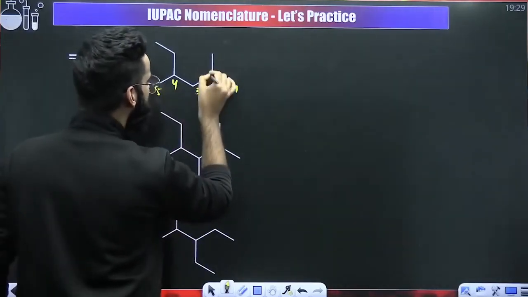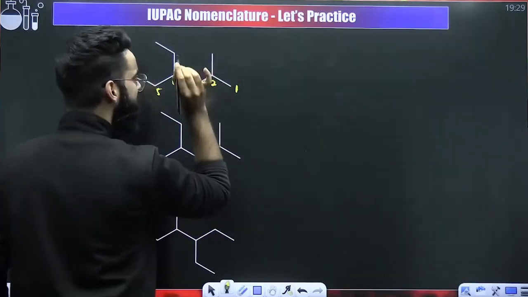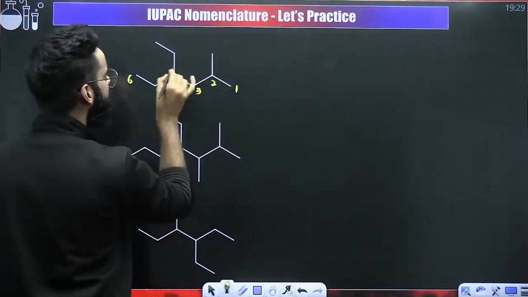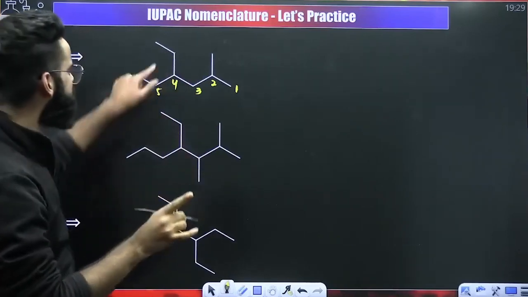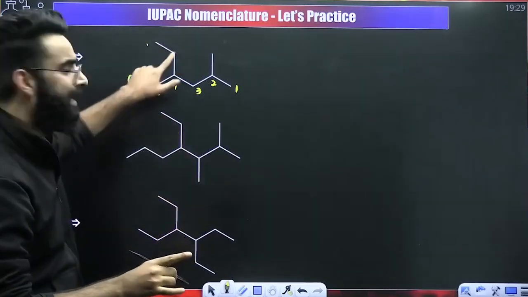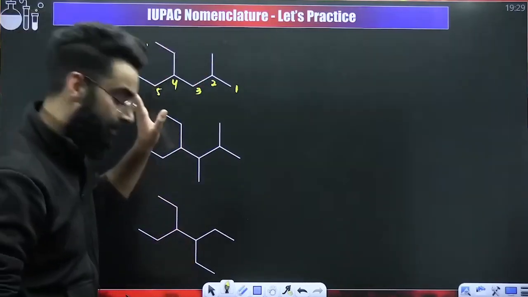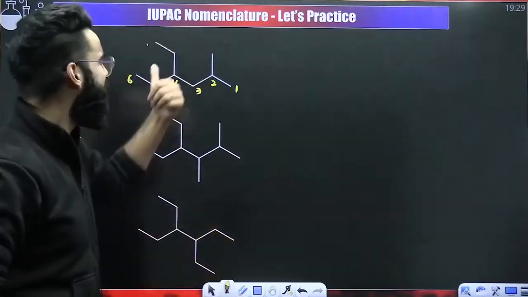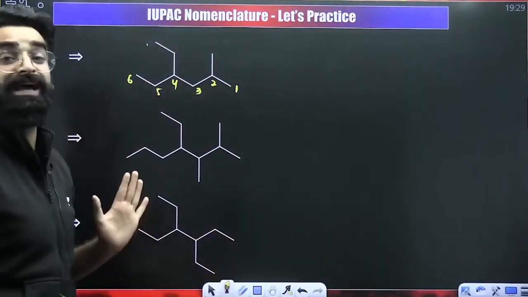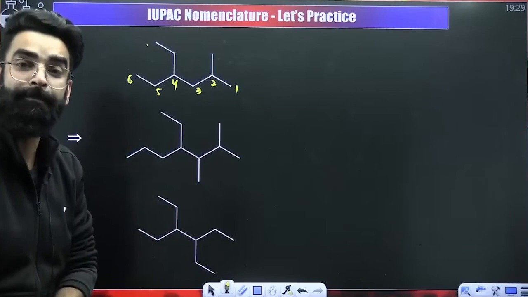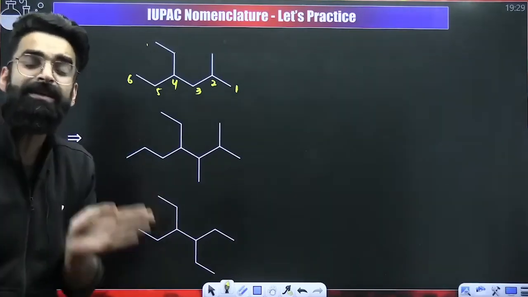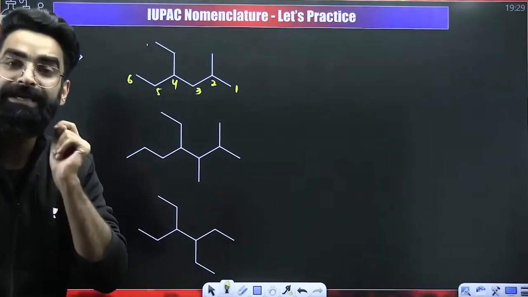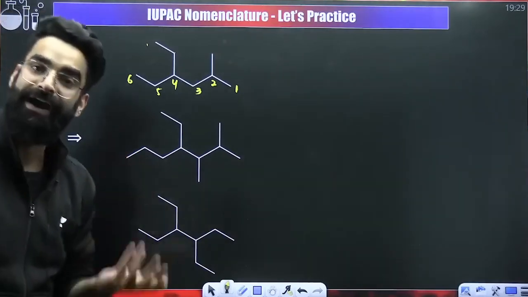At carbon number 2, you have a methyl group. At carbon number 4, this is CH2CH3, which means C2H5, so this is an ethyl group. Now, should I write methyl first or ethyl first? Methyl starts with M, ethyl starts with E. In alphabetical order, E comes before M, so I'll prioritize ethyl first while writing the name.